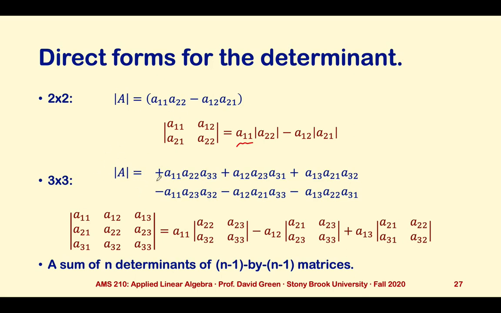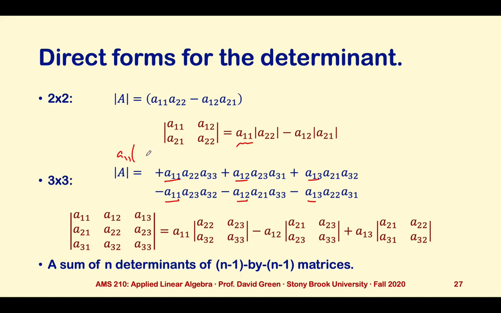If we look at the 3x3 case, I see that there are two terms, a plus and a minus, that involve A11. There are two terms, a plus and a minus, that involve A12, and two terms, a plus and a minus, that involve A13. We could imagine factoring out this A11.